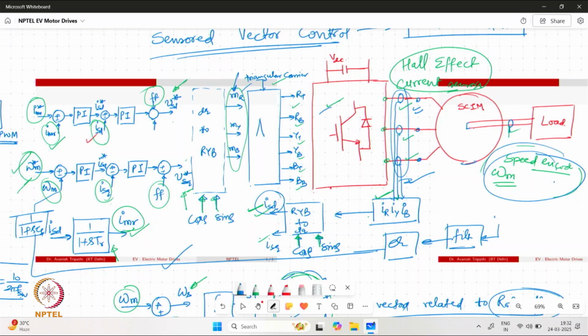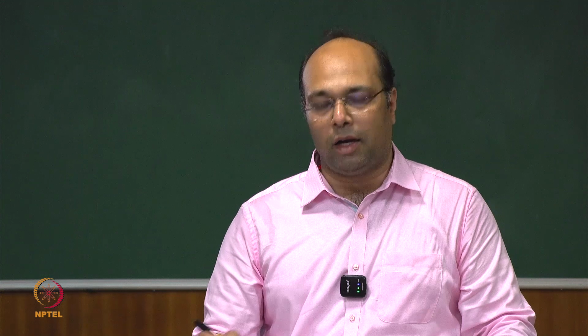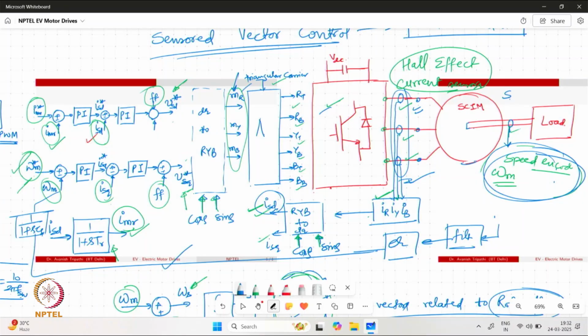However, the speed encoder can be avoided in some of the cases where we go for sensorless vector control. In some cases it is difficult to estimate because of low speed operation and other involved factors, so we may actually have the sensored operation of the system.